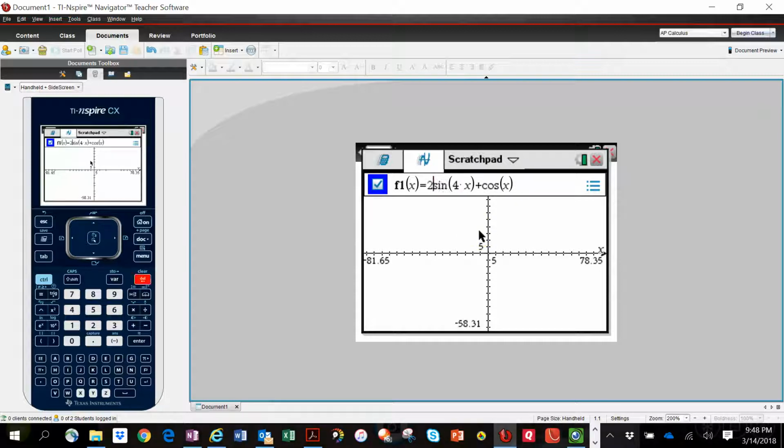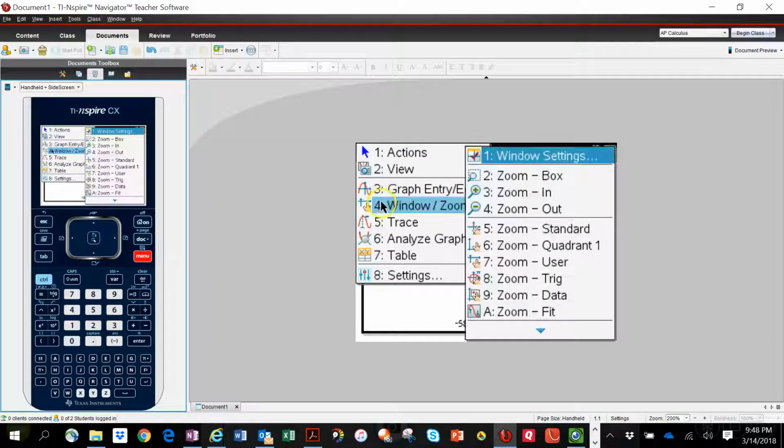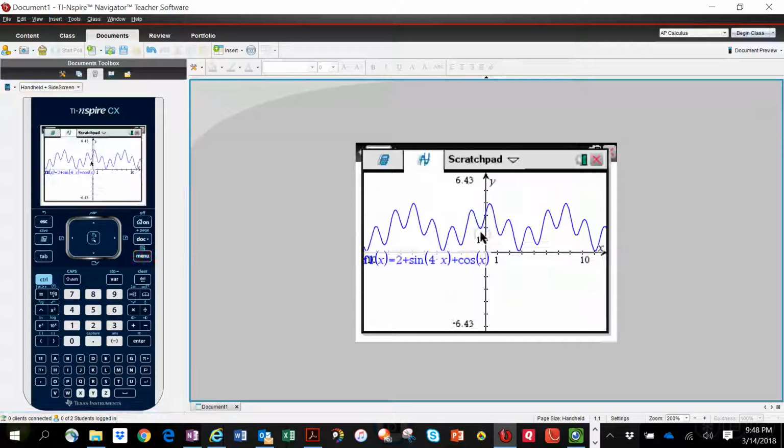So 2 plus sine 4x plus cosine of x. Let me change my window back to the standard viewing window that I had originally. Now, this is obviously not the graph that they gave us. This is what the graph of f1 equals 2 plus sine 4x plus cosine of x looks like in rectangular.